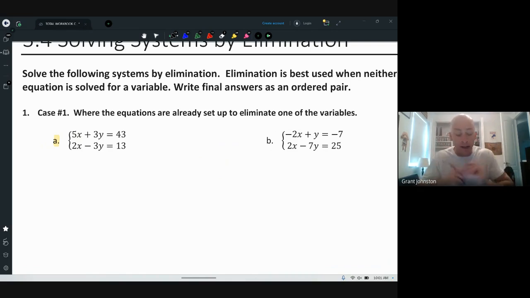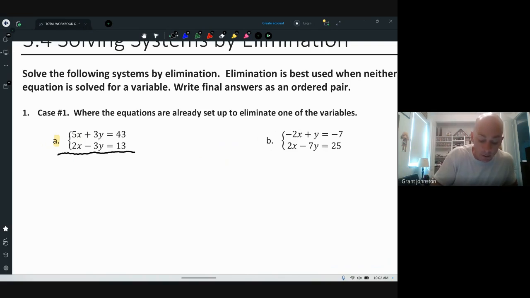So here's the first case. It says where the equations are already set up to eliminate one of the variables. So if you'll notice on A, if we add these equations down, the y's are going to eliminate, and then we'll be stuck with just one variable, x, and we'll be able to solve for it.